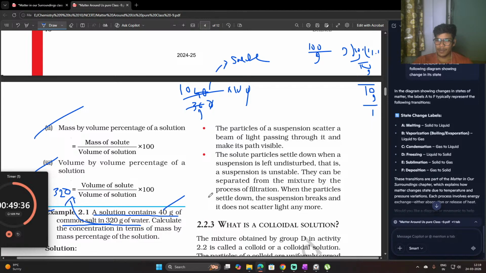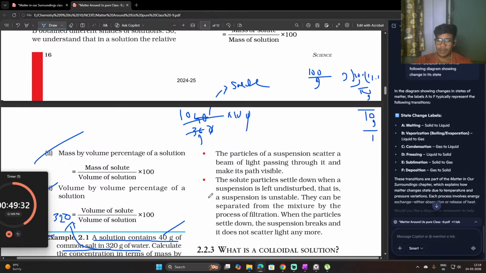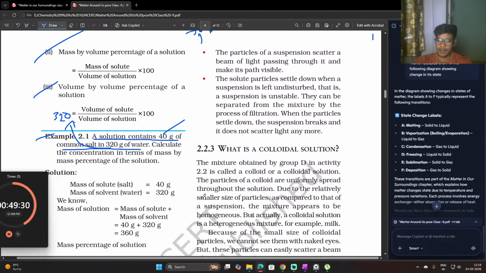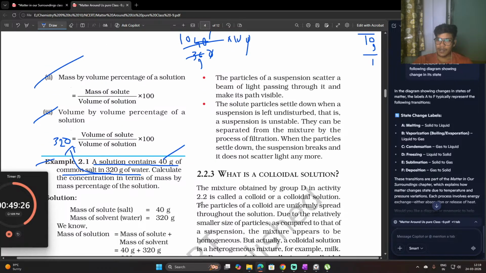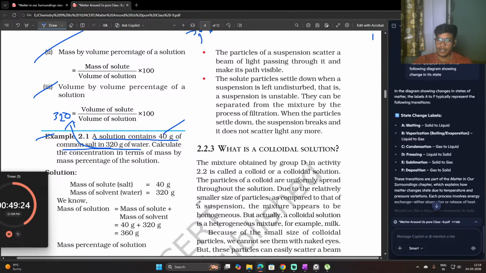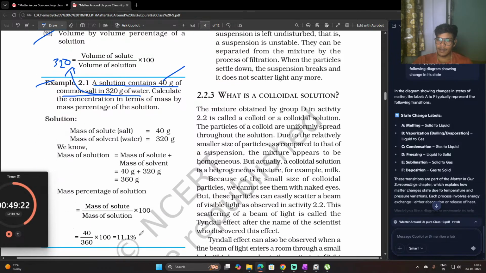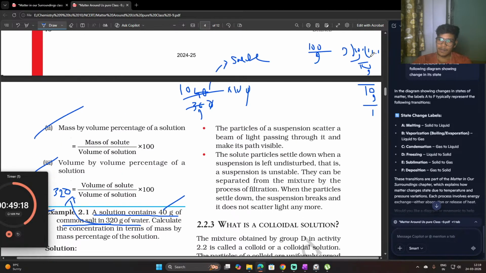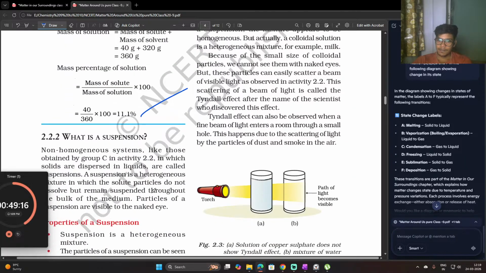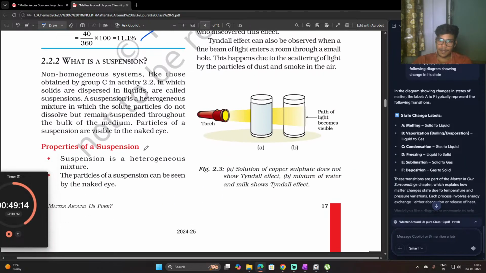Mass by mass, yeah, so 40 divided by 360, that's the correct answer. So the answer is 11.1%.